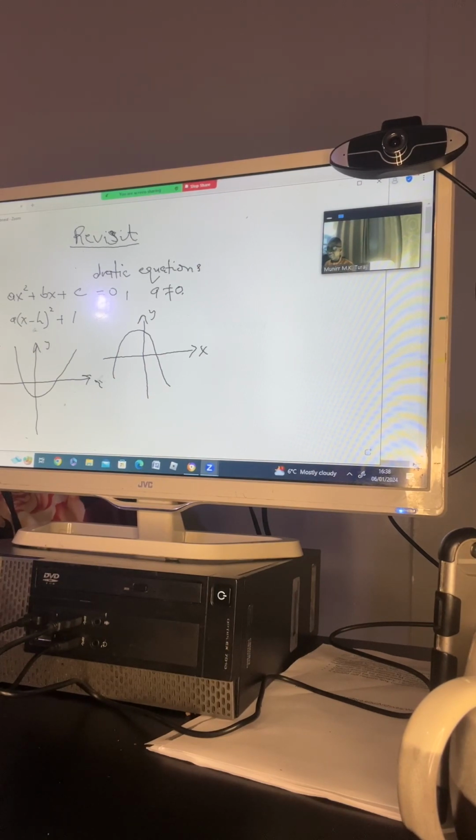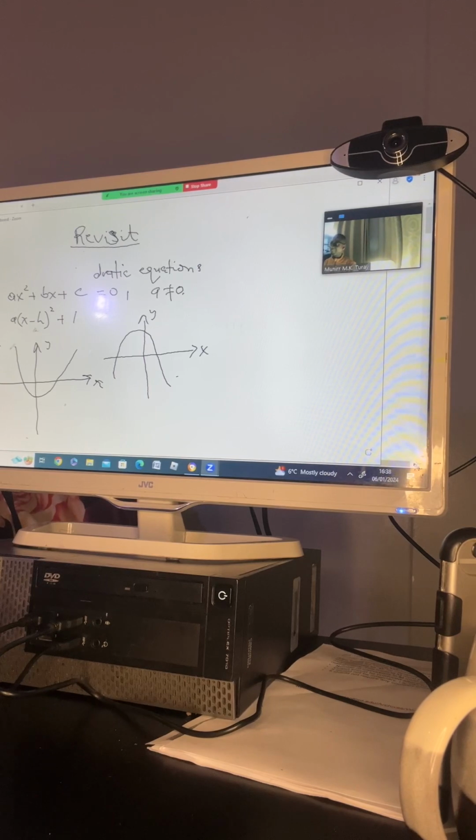If it goes this way, it opens downwards. It goes to a maximum point. It opens downwards, it means the a is negative.